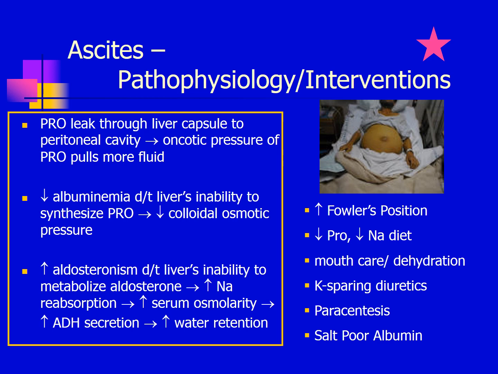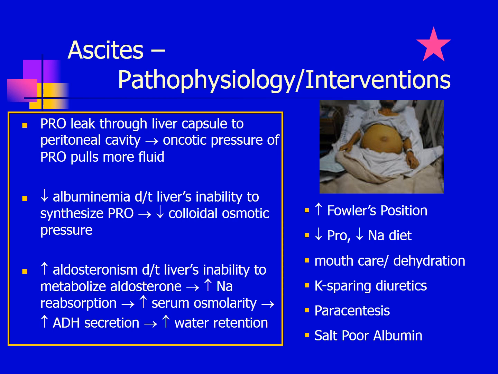So the liver's inability to synthesize protein drops the oncotic pressure, and there's increased aldosteronism due to the liver's inability to metabolize aldosterone, right? So when it's not able to do so, there's an increase in sodium reabsorption, which increases serum osmolality, which increases ADH, antidiuretic hormone secretion, which also increases water retention.